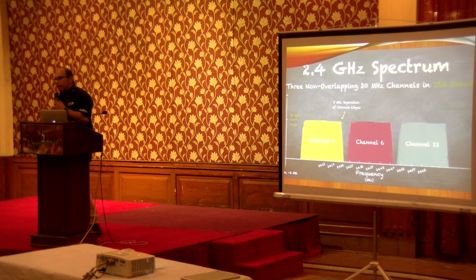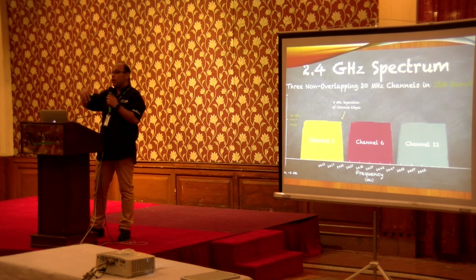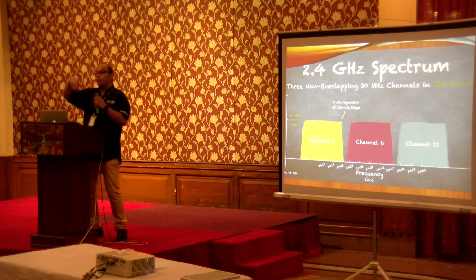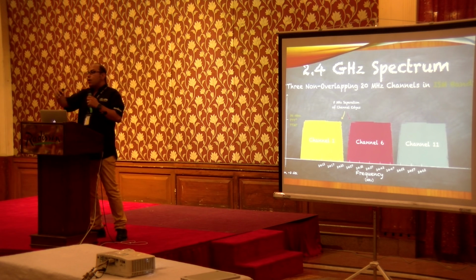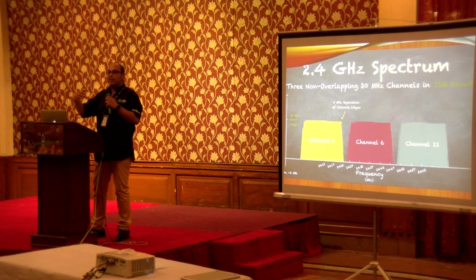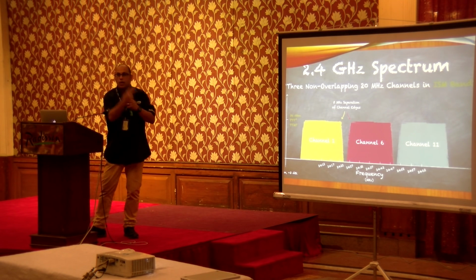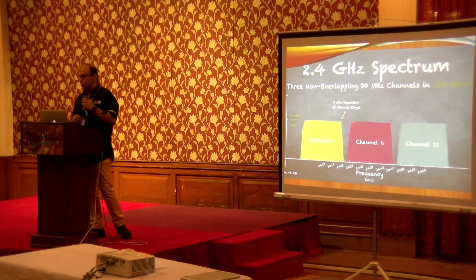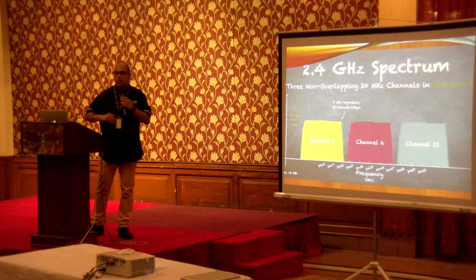Just a meter away, your result would be something else. When I say the same environment, it means the same tower if you are in an outdoor environment, or the same room, the same place, the same coverage. You can have 3 non-overlapping access points: one on channel 1, the other on channel 6, the other on channel 11.